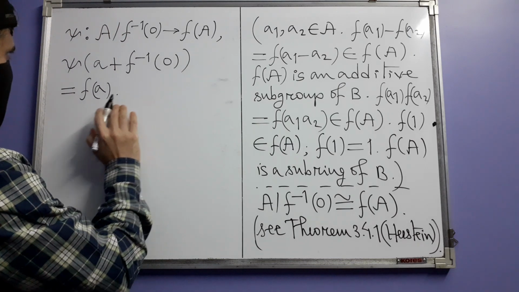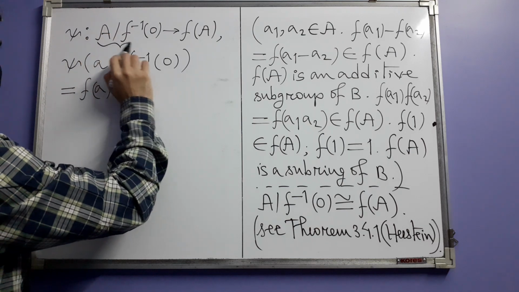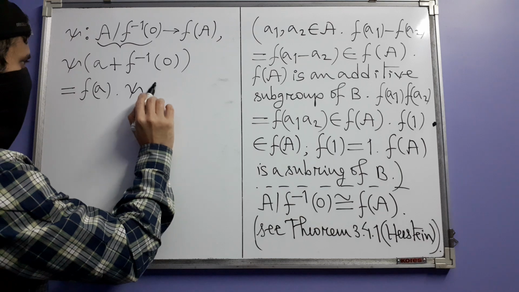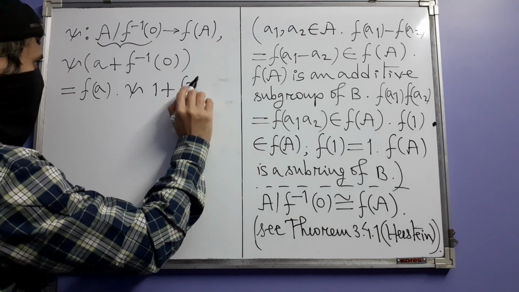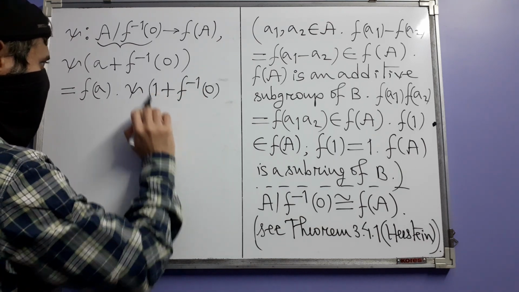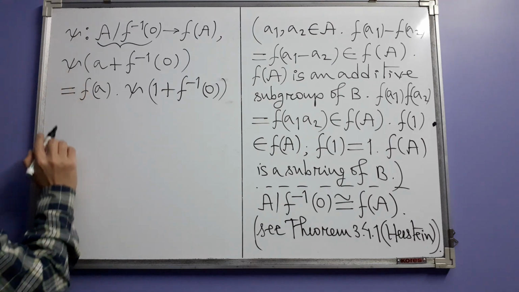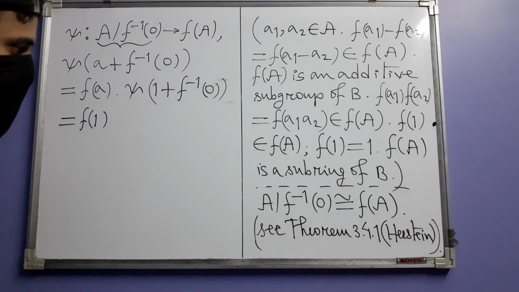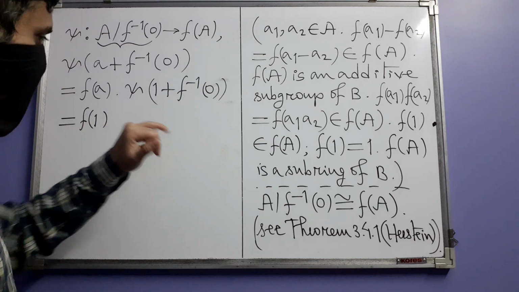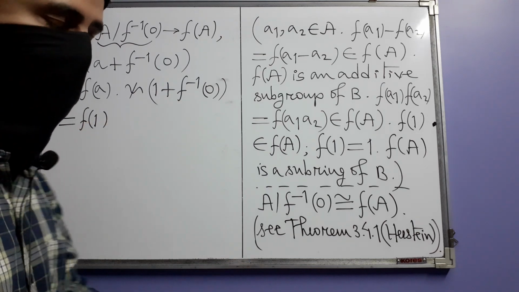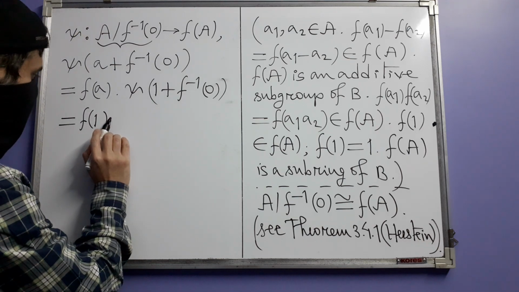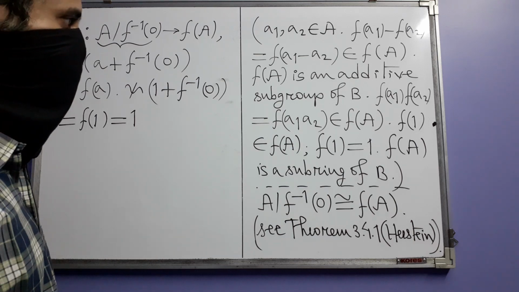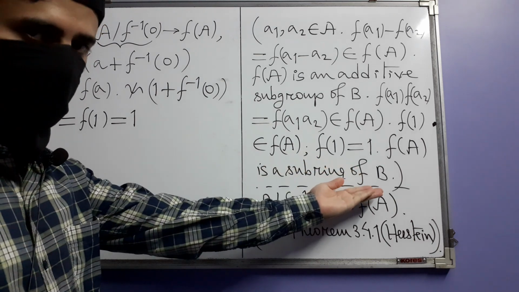So to see that that is the case, you take the identity element of your domain ring, which is 1 plus the ideal F inverse of 0. By this definition, it will be equal to F of 1. However, F itself is a ring homomorphism in our sense, so F of 1 should be equal to the identity element in B. In fact, here itself we have shown that.